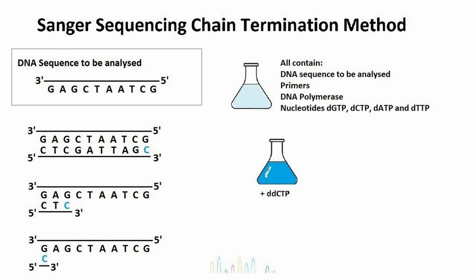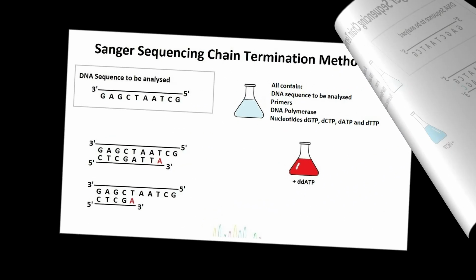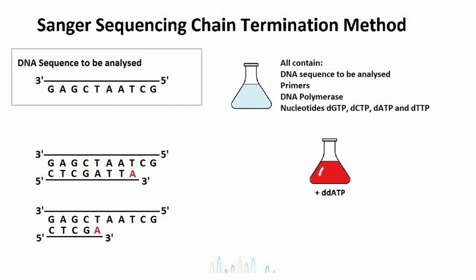Or if you have the normal cytosine first, then a thymine, and then the ddCTP, you get this medium-sized strand, or it might get right past that and create this longer strand. So there's the 3 possible results we can get from this example. Here's what could happen with the ddATP, the 2 results that you could get for that.